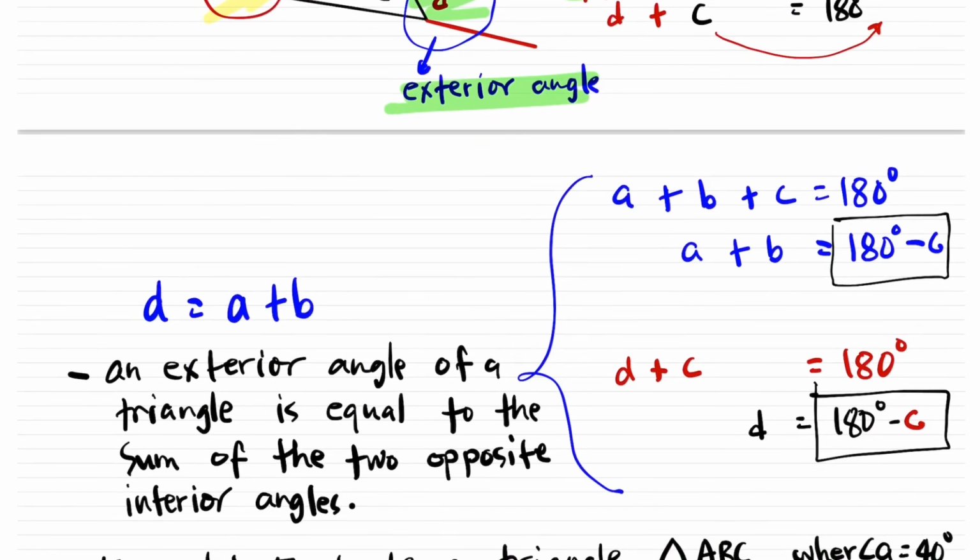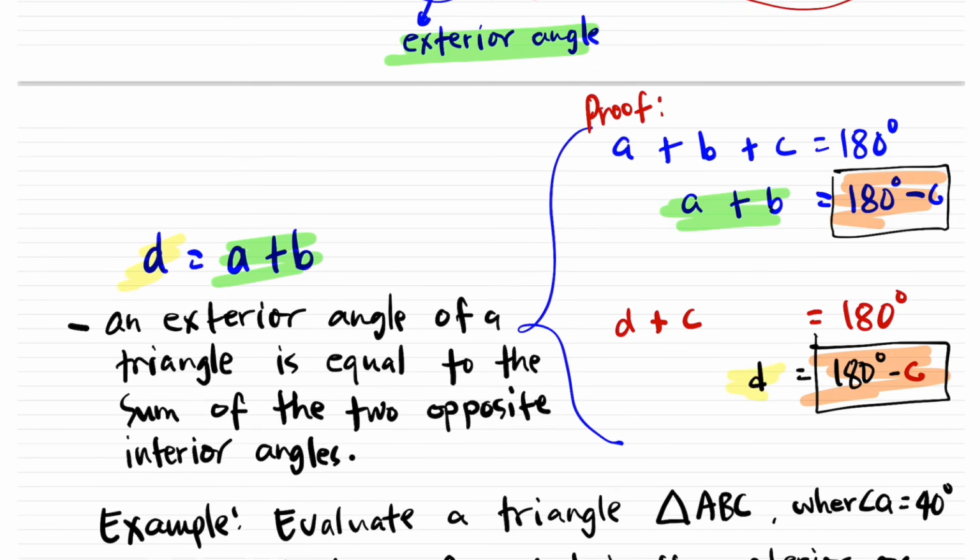Then we prove it here, and notice that the sums are the same. So therefore it is safe to say that A plus B is equal to D. Alright, so the exterior angle of a triangle is equal to the sum of the opposite interior angles.